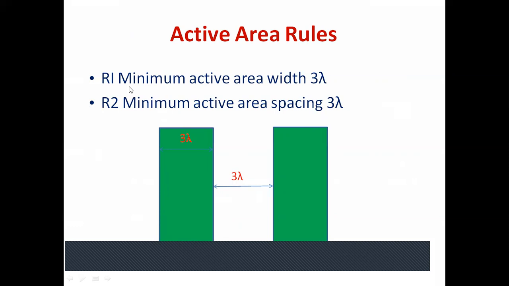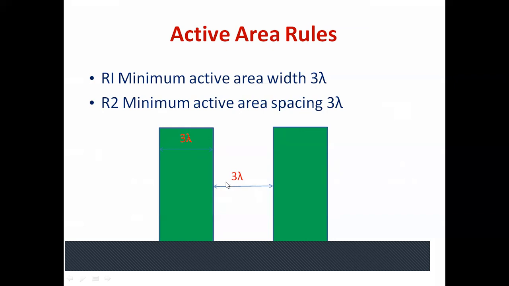R1 is the minimum active area width. This is one active area, and this is another active area. The minimum width has to be 3 lambda. This is one rule: the minimum width of an active area has to be 3 lambda.